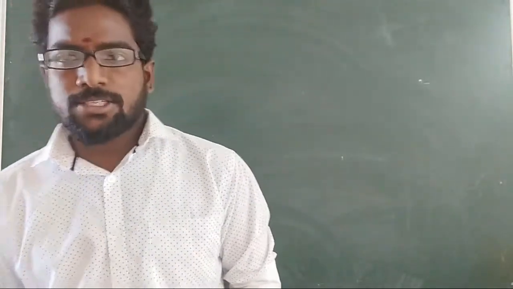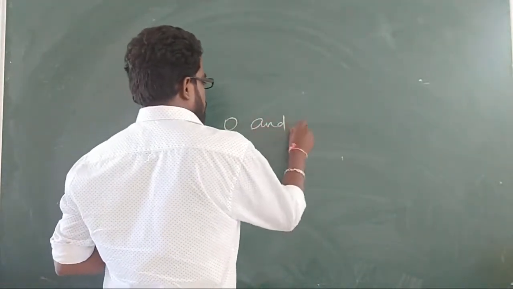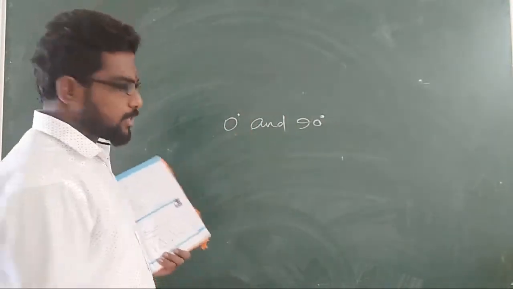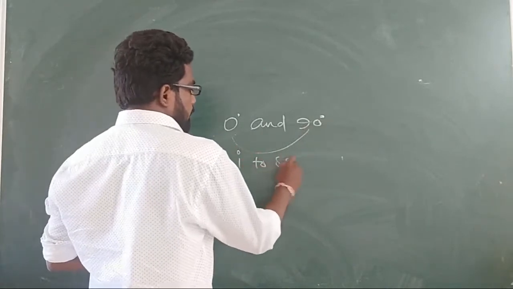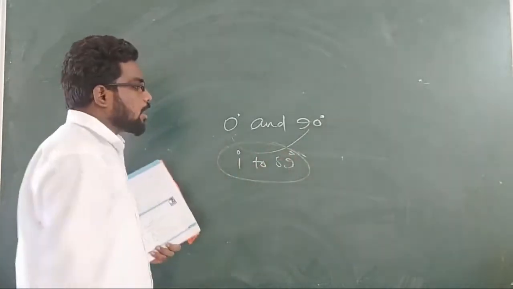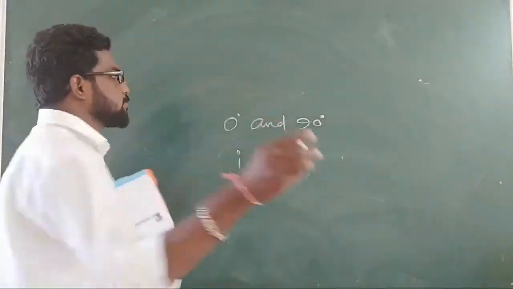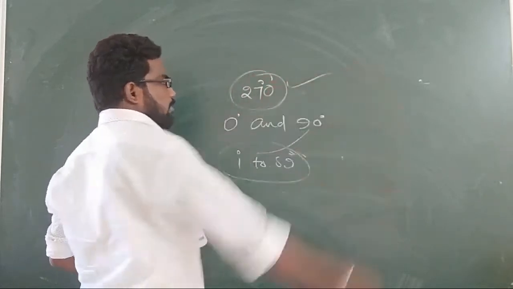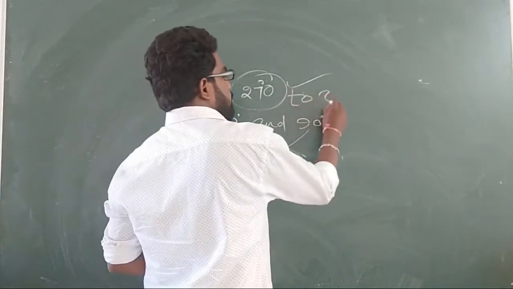Acute is between 0 and 90, for example 1 degree to 89 degrees. All these are acute angles. Reflex angle is simple. After 180 degrees, anything up to 360 degrees will be called a reflex angle.